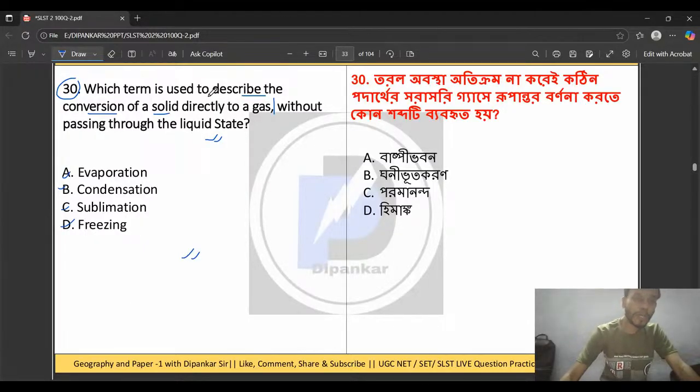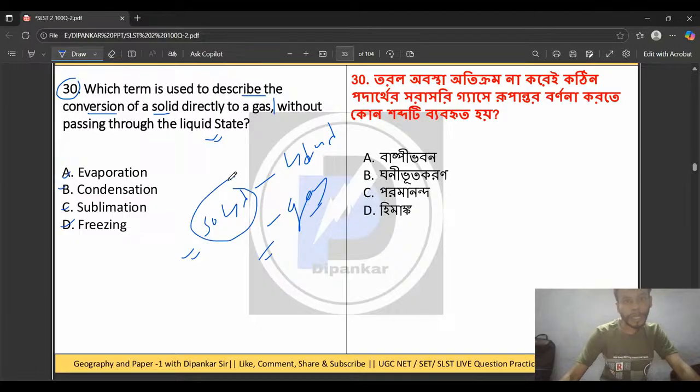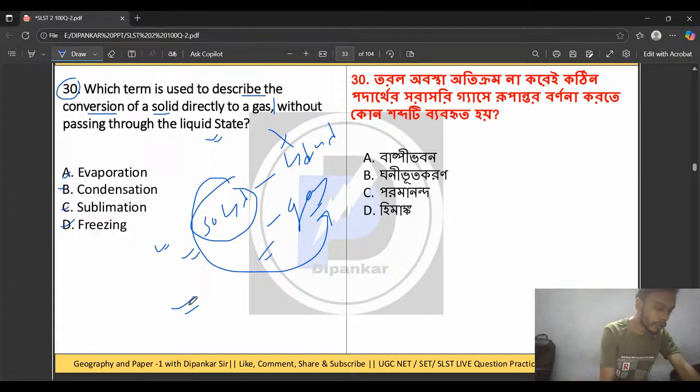Everyone knows that solid, liquid and gas are the 3 states of matter. So if a solid is directly converted to gas without passing through the liquid state, what is this called? Answer please.